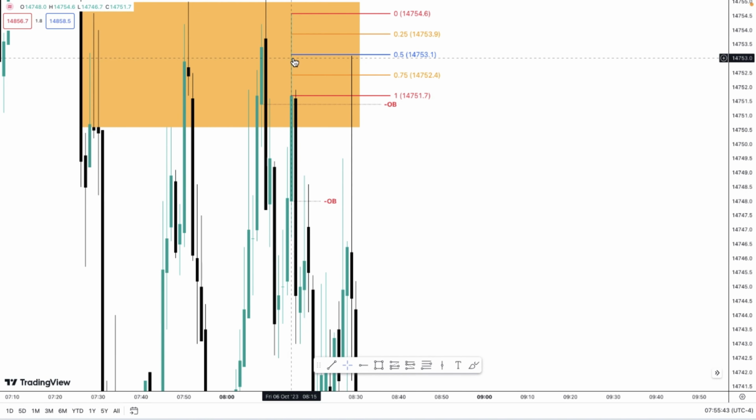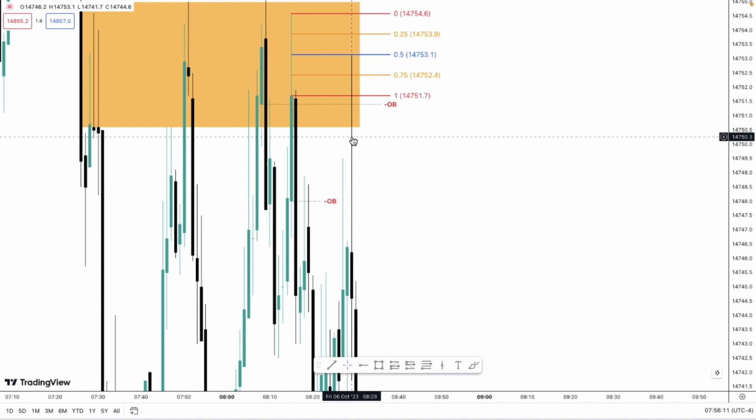The midpoint of this wick comes in at 14753.1. The high on this candle, you're looking up here, the high of this candle comes at 14753.1.